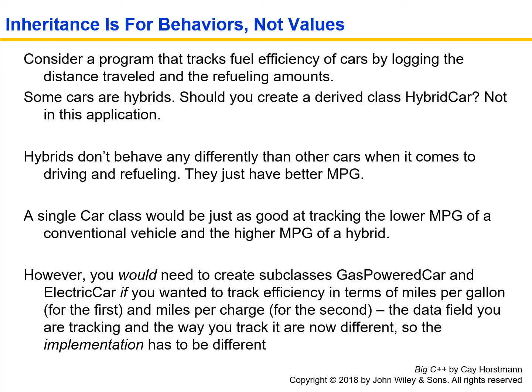An electric car maybe keeps track of how long it's spent on the charger, or how many times you've charged it, or how many kilowatt hours it's stored in its battery, or I don't think it's been entirely defined how we track efficiency for electric cars.